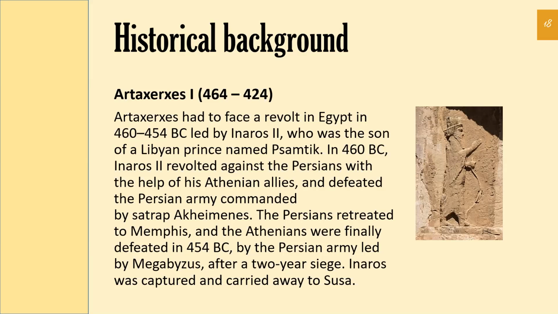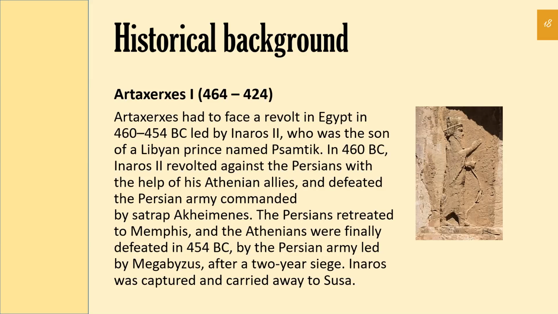Actually, very soon after Artaxerxes became emperor, there was a revolt in Egypt. And this revolt lasted quite a long period of time, about 6 years. And during all those 6 years, Artaxerxes was not able to deal with it.